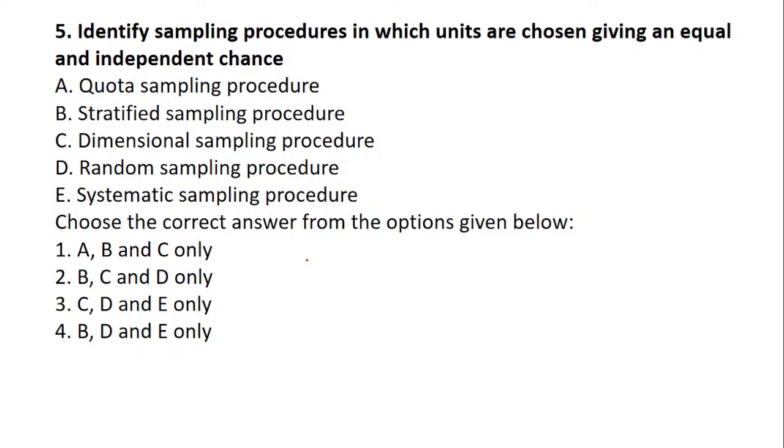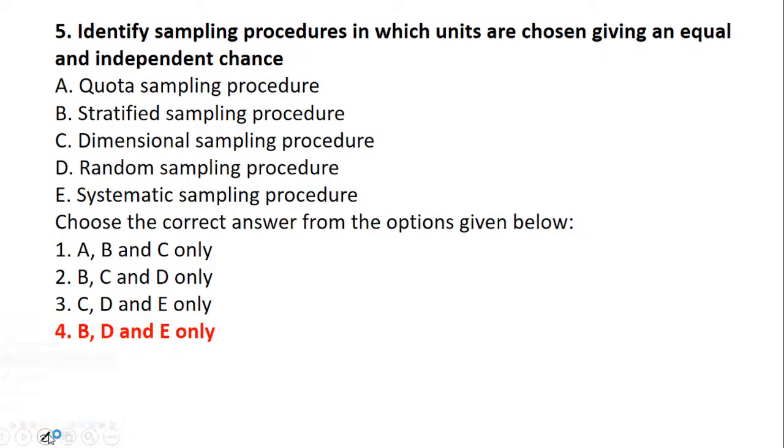Let us first see how many of you have answered properly. Fine. Question number 5, D. So here we talk about identifying sample procedures. Those who have put the sampling methods, I'll give you; those who have not understood, I'll tell you.